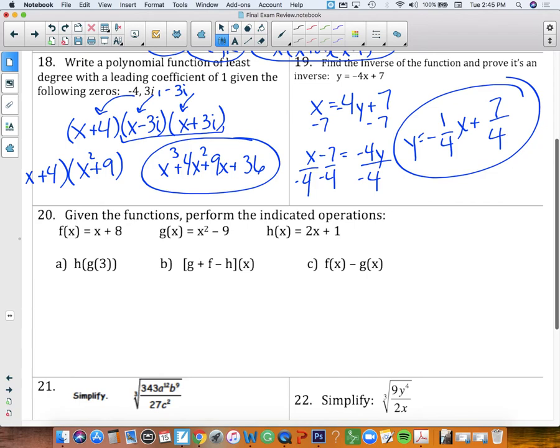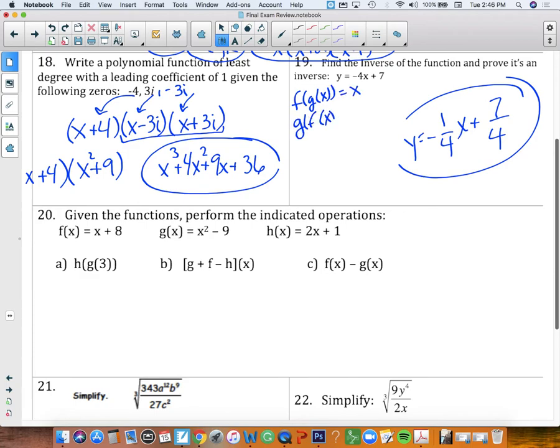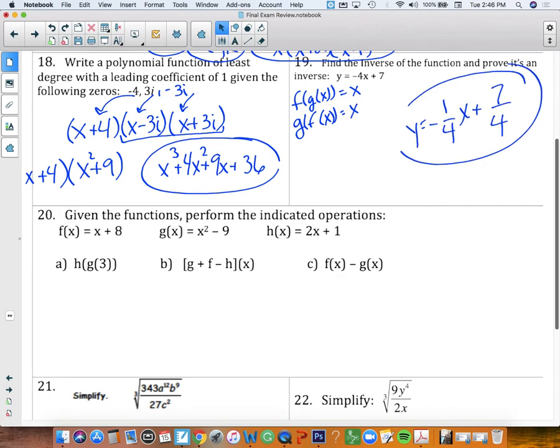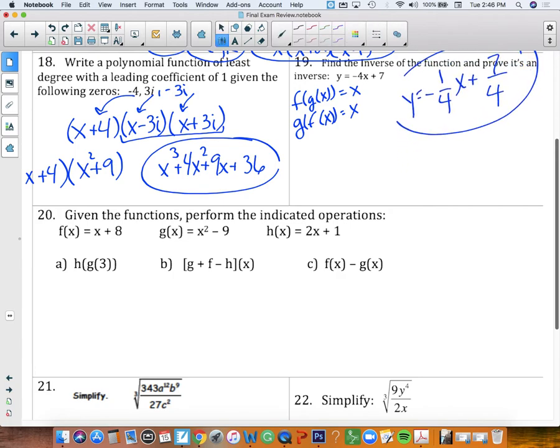To prove it's an inverse, you've got to plug them into each other. Okay, so remember we want f of g of x to equal x, and then g of f of x to equal x. And I'll just do that one way so you can kind of see how it works. Okay, so that's my inverse. I want to plug this into the x there. So it looks like this: negative 4 times negative 1/4 x plus 7/4, plus 7.